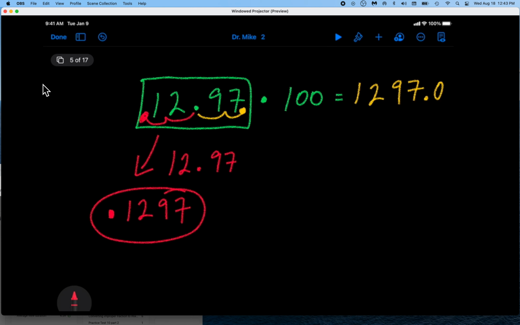Can't do that. It's smaller. This is 1,297 10,000ths. Okay, that's the 10,000th place. That's the 1,000th, 100th, 10th. No way. Move the decimal place to make it bigger if you're multiplying.